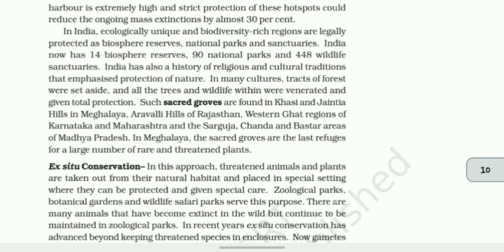In India, ecologically unique and biodiversity-rich regions are legally protected as biosphere reserves, national parks and sanctuaries. India now has 14 biosphere reserves, 90 national parks and 448 wildlife sanctuaries. India also has a history of religious and cultural traditions that emphasize protection of nature.